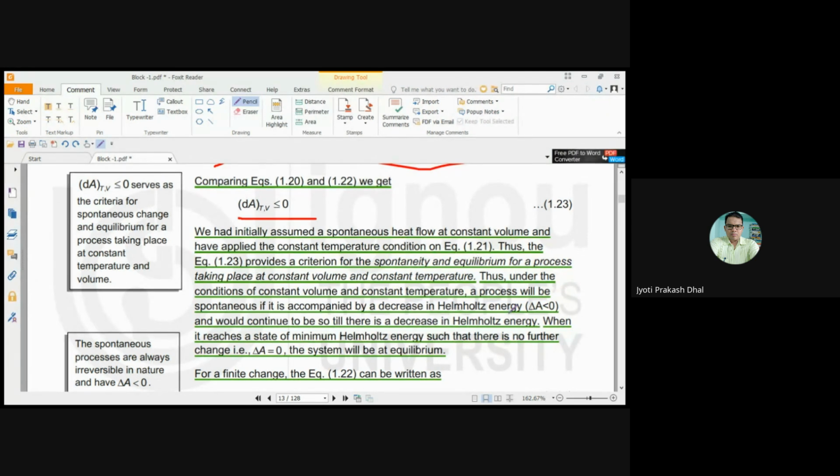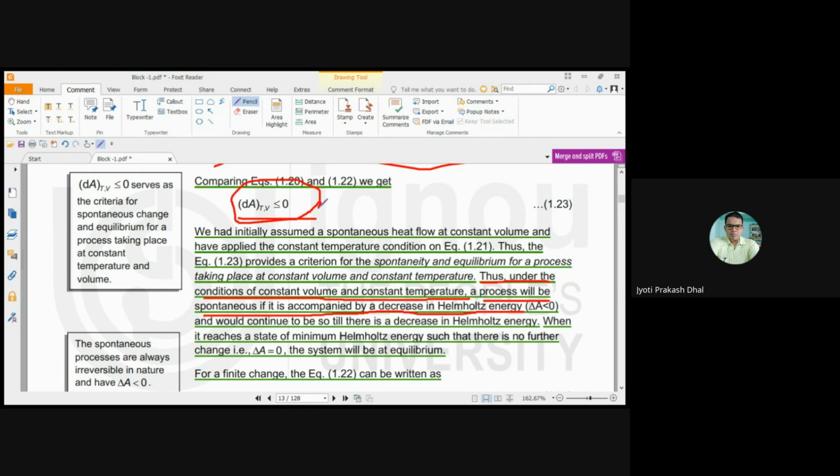So here we find the criterion for spontaneity of a process carried out at constant volume and constant temperature, because most of the reactions we do in the laboratory are at constant volume and constant temperature. Under this condition, a process will be spontaneous if it is accompanied by a decrease in Helmholtz free energy. That means del A is less than 0, or dA is less than or equal to 0.